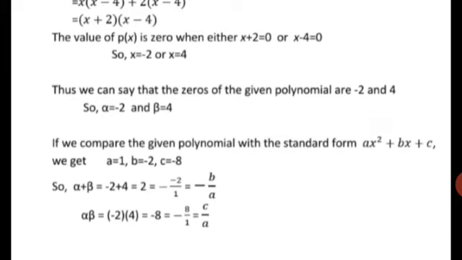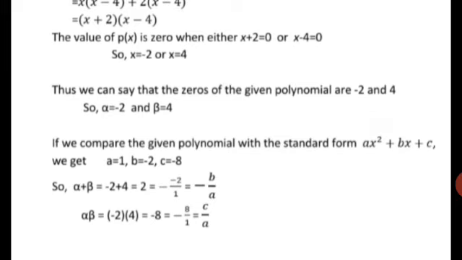Now, I have to relate this to the coefficients. So, look at the first part, that is alpha plus beta, we got it as 2. If I try to write this 2 in terms of the coefficient, children, I can write it easily as minus of -2 upon 1.